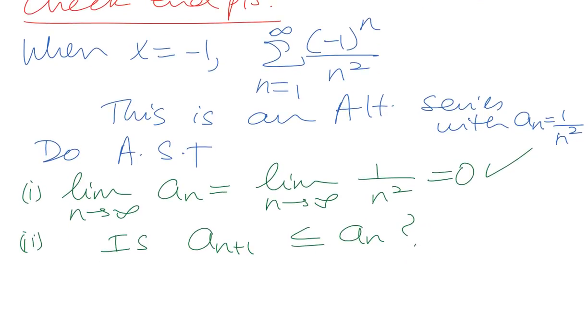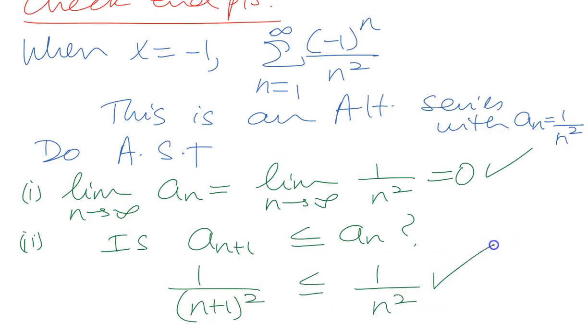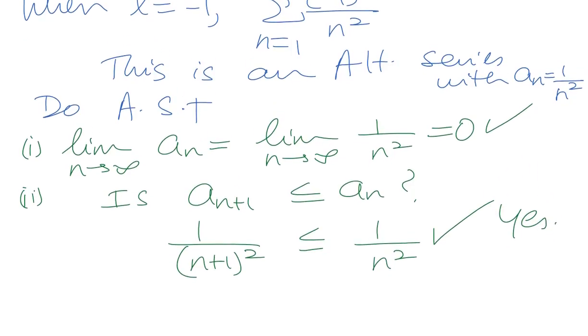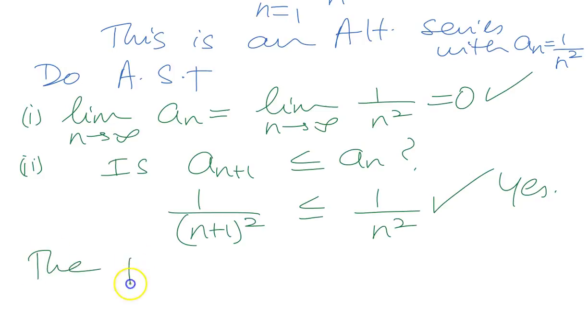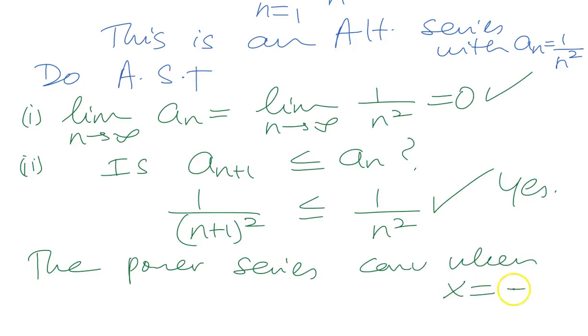What's a_(n+1), guys? 1 over (n plus 1) squared. Is that less than or equal to 1 over n squared? Yes. So both conditions for the alternating series are met. So I would say the power series converges when x is -1.